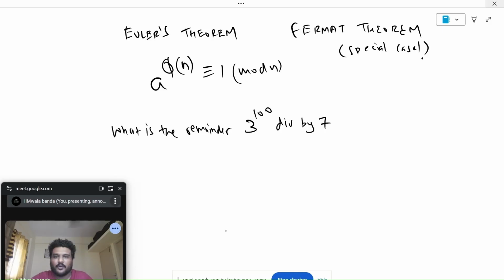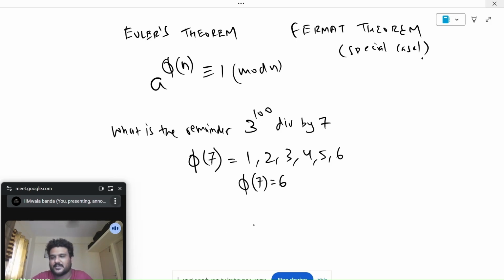Now, what is happening is that there is something called phi, which is basically all the numbers which are less than 7 and are co-prime to 7. For example, 1 is co-prime to everyone, 2 is co-prime, 3 is co-prime, 4 is co-prime, 5, 6, less than 7. Okay, so 1, 2, 3, 4, 5, 6 numbers. So I can say phi of 7 is actually 6.